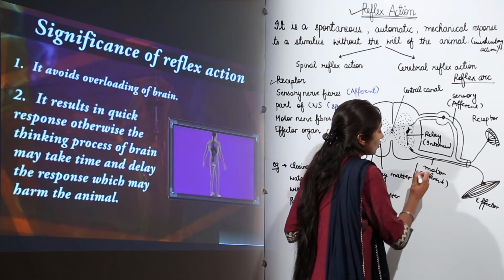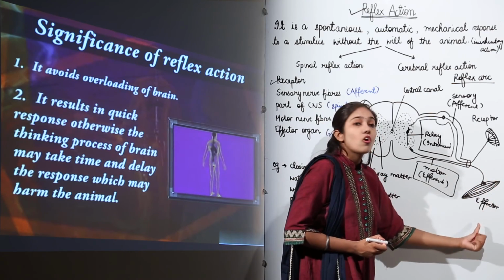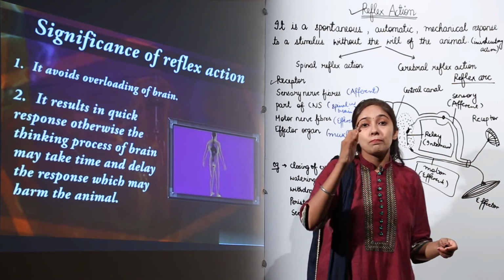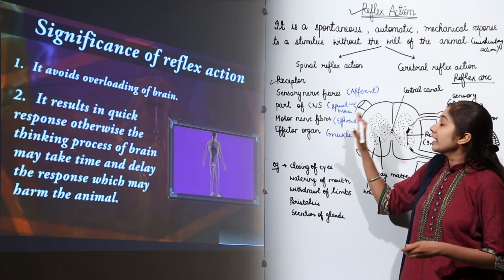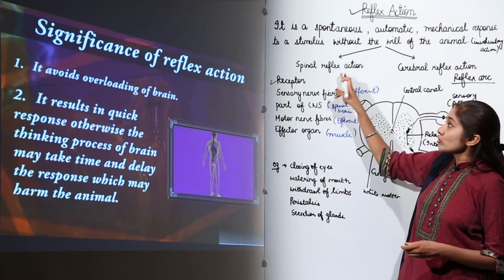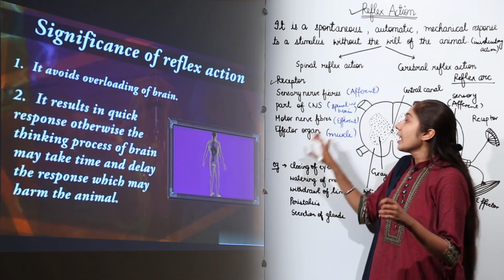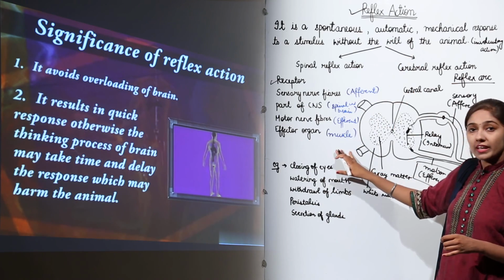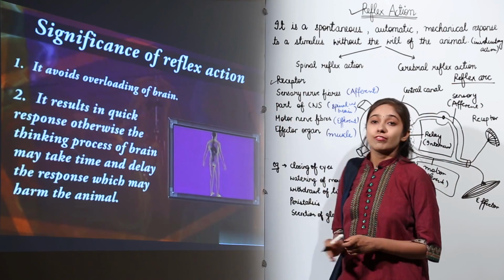You can see this motor neuron is going to transmit this message to the effector organ. So just remember the pathway of the reflex action, which we call the reflex arc, right? I hope that till now it is very clear to you what a reflex action is, the 2 types of reflex actions, and these 5 things that are important for the reflex action to take place, examples of reflex action also, and the significance of reflex action also.